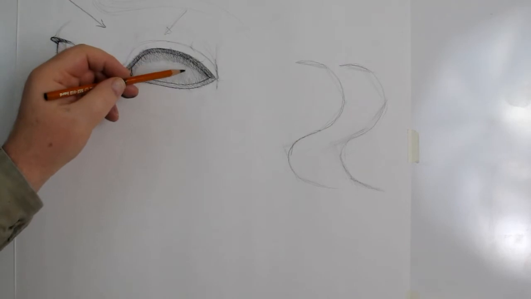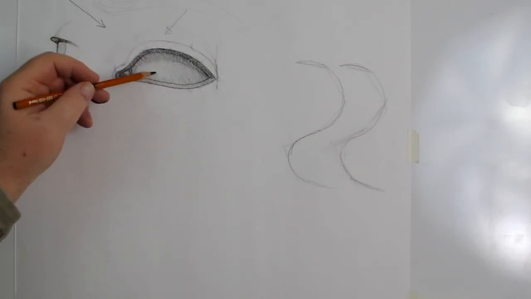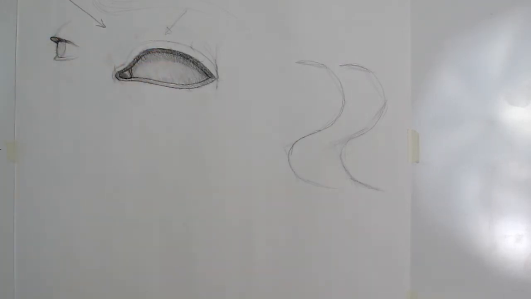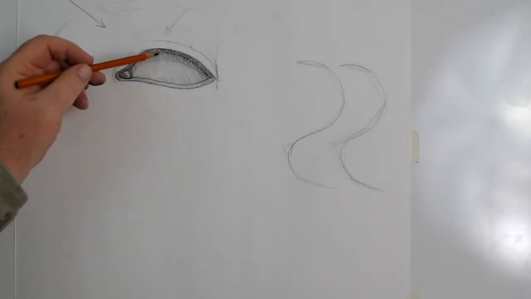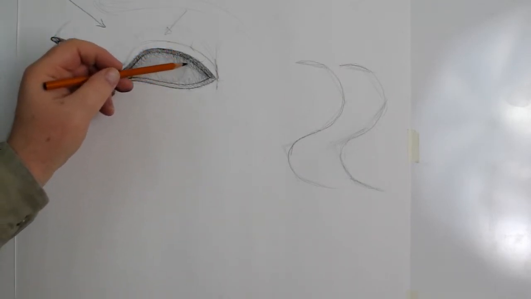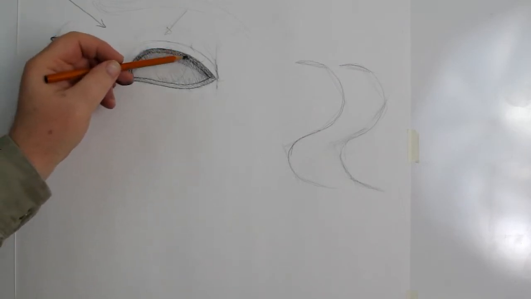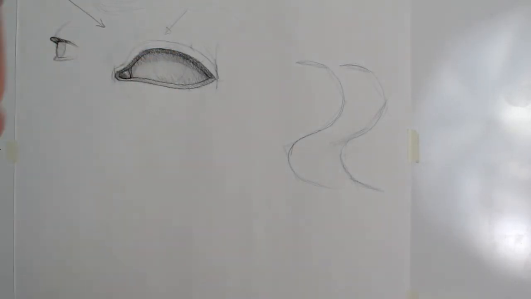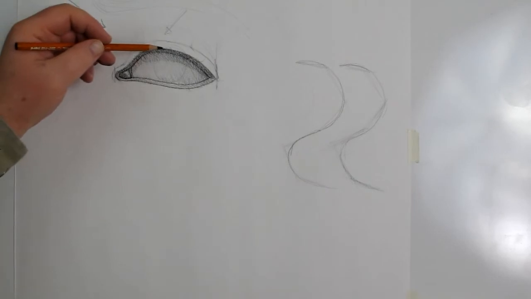So again, we still have this eye space. We're going to place the pupil, pardon me, not the pupil, but the colored part that we call the iris. One thing about the iris, I may have gotten this to be just a little bit big. The iris first should be a circle if it's looking straight at me.